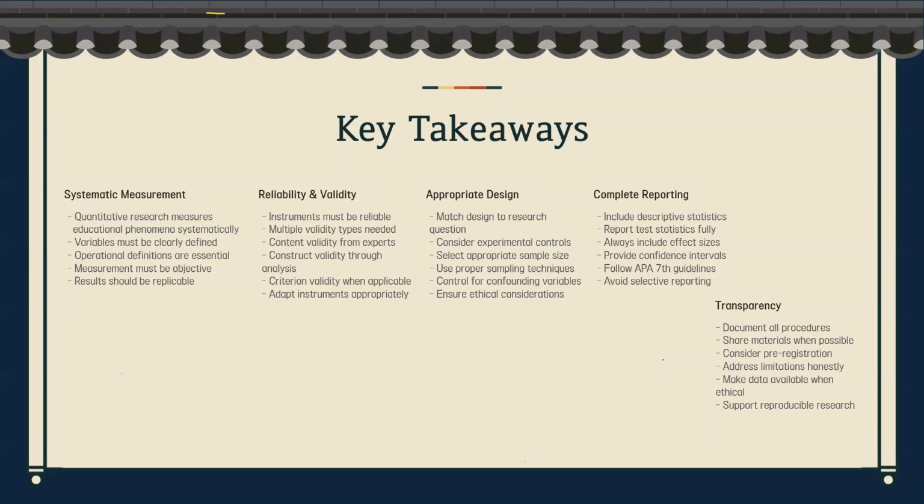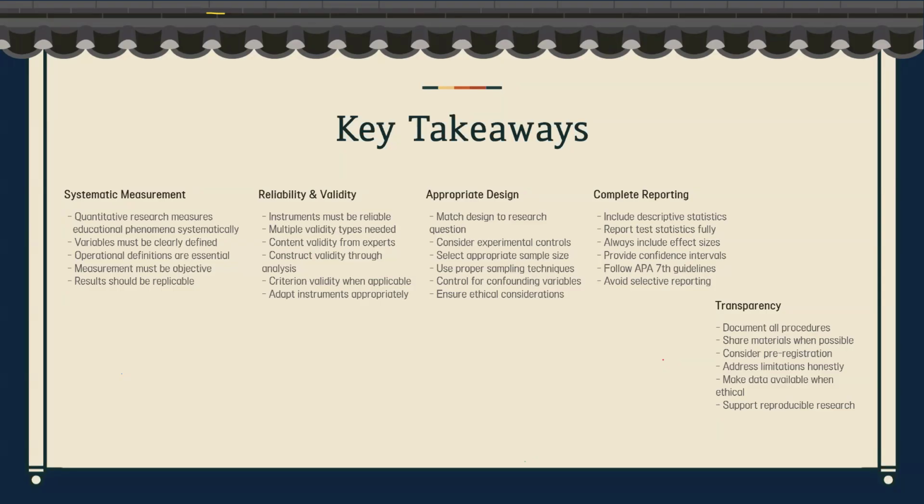Let's quickly review the 5 key takeaways. 1. Systematic measurement. Define variables, use objective measures. 2. Reliability and validity. Instruments must be reliable and have multiple types of validity. 3. Appropriate design. Match the design to the question and control for variables. 4.